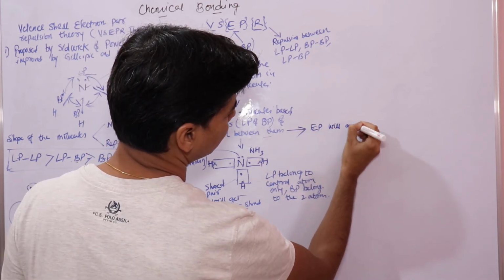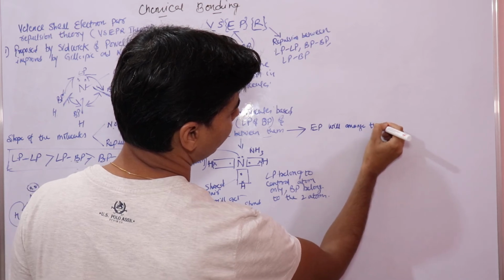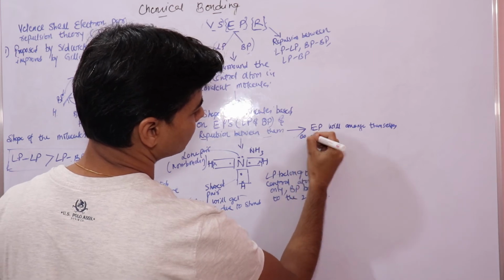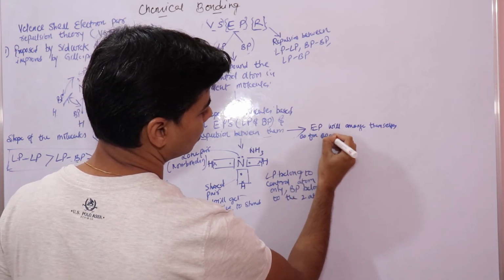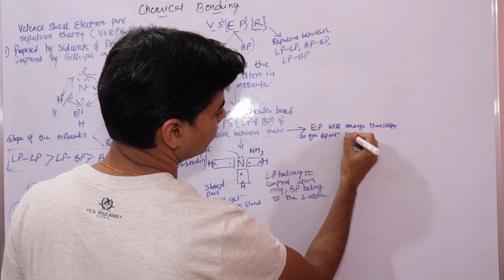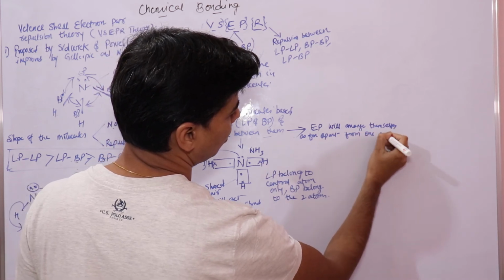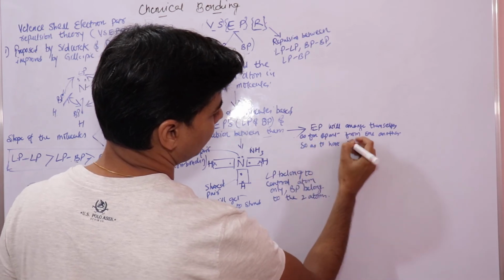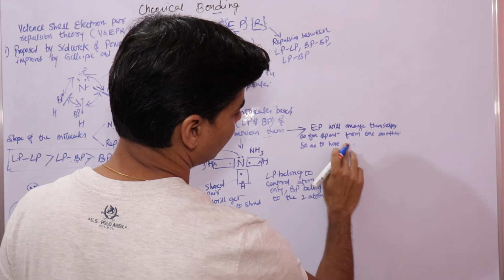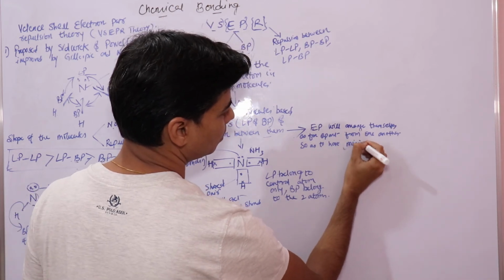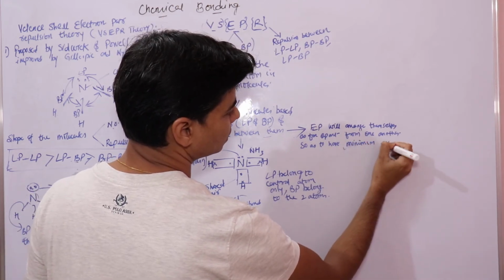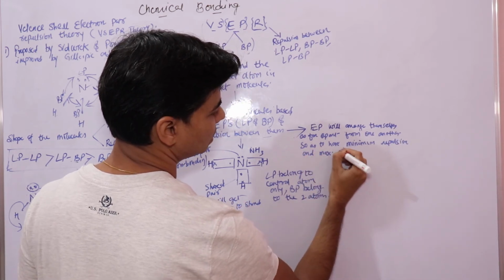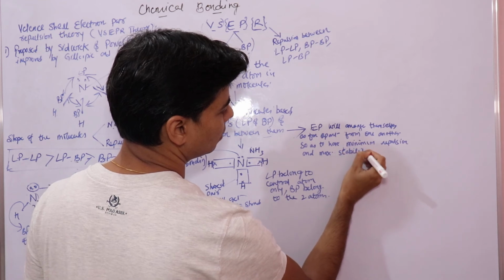So due to the repulsion between them, these electron pairs, which are bond pairs and lone pairs, will arrange themselves as far apart from one another, so as to have minimum repulsion and maximum stability, right?